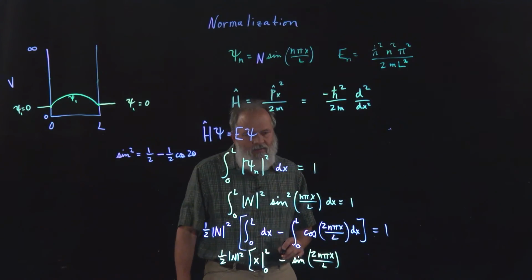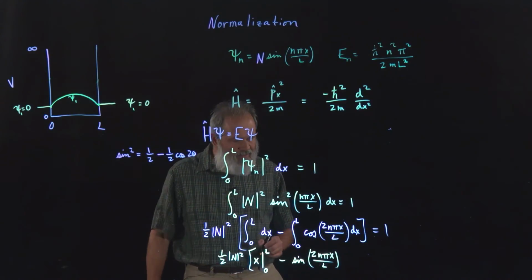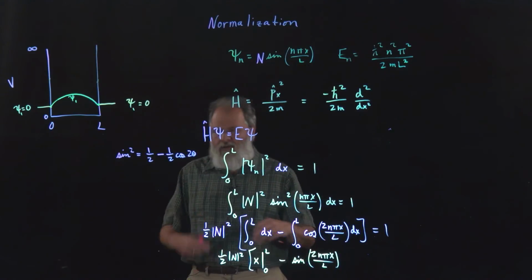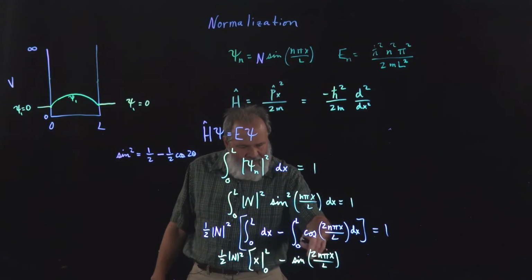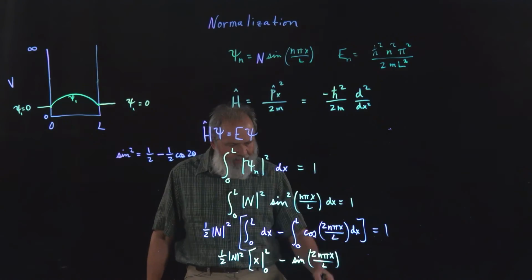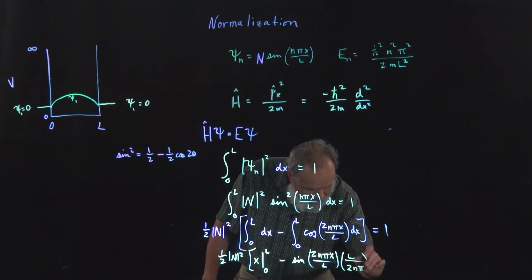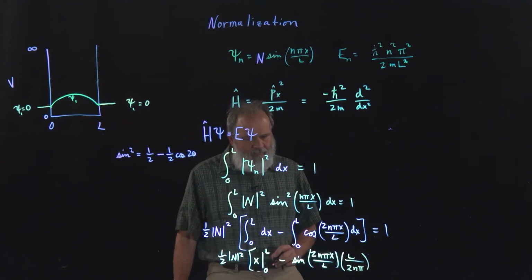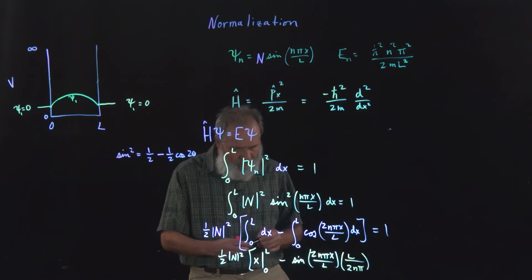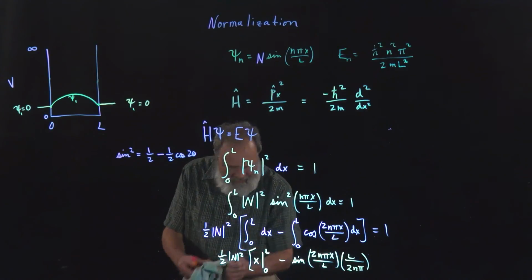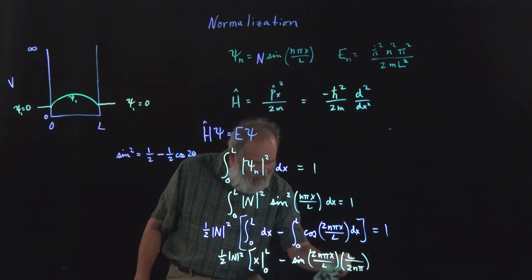Now, with this constant multiplied times it, we have to account for the fact that if we were to take the derivative of this sine function, we're going to get an L and a 2 and an n and a pi. So we actually have to put that in here. All right. So that's actually a constant. So this looks like it's part of the argument.